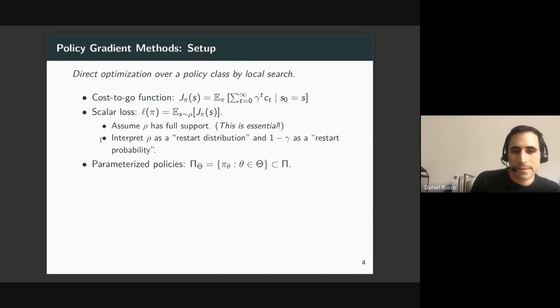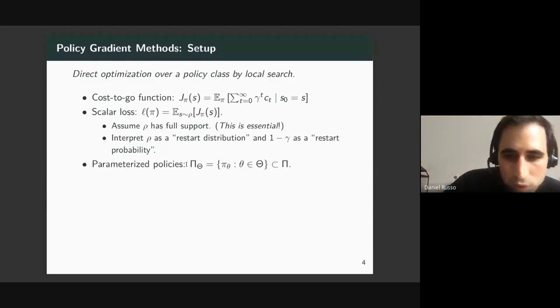Okay, so now maybe the central object of interest for us is not just this loss function L, but when we run a policy gradient method, we don't search over the class of all policies that I'll call pi. Here pi is the class of all potentially randomized Markov policies.